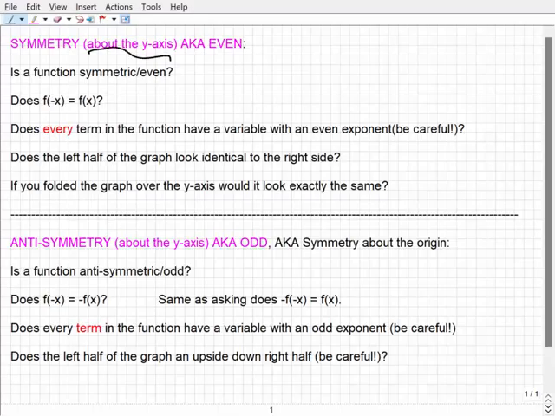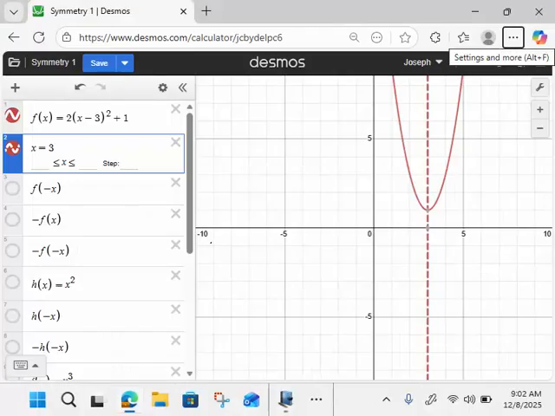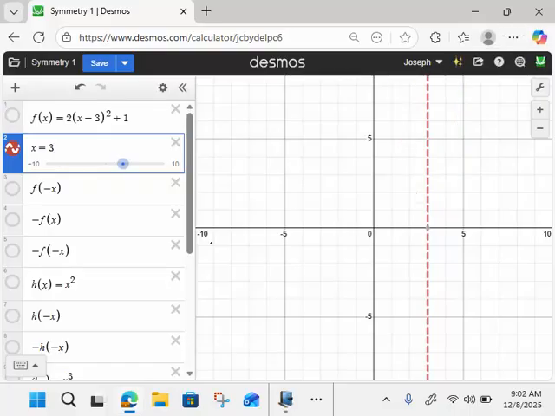We leave these out because it's just a lot of words to say. So just like this guy had symmetry about its axis of symmetry, if we want to talk about something that's symmetric about the y-axis, that means its axis of symmetry is the y-axis.